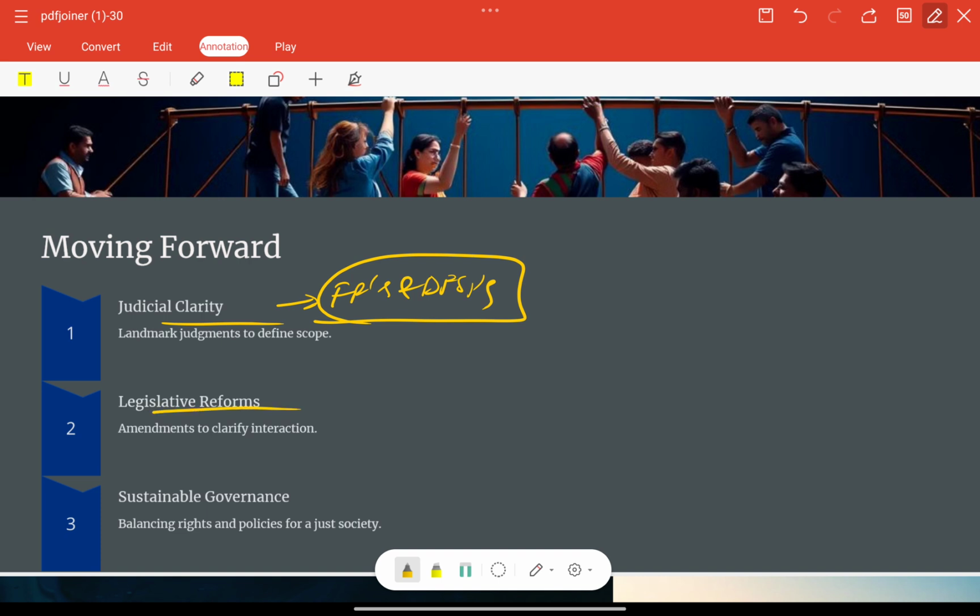Next we have legislative reforms also, amendments to clarify interaction here. Parliament should work on amendments that clarify the interaction between rights and policies, right? So sustainable governance also we need to focus on, balancing rights and policies for a just society, right? So that needs to be focused on here, the way forward.